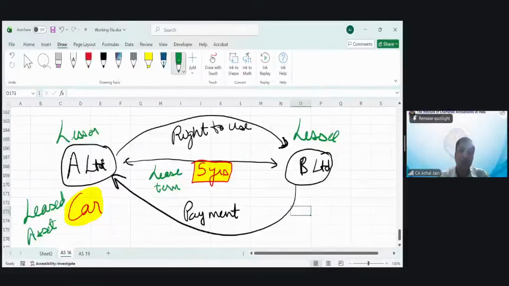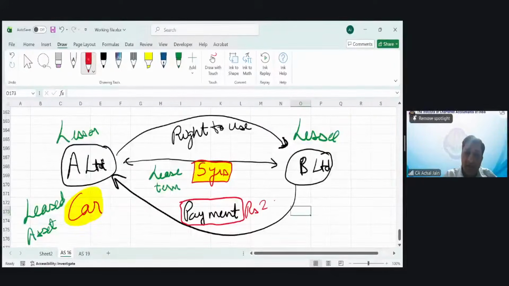Next, when it comes to this payment, which is made by B to A, what will happen? Both the parties will agree what B will pay to A. Let's suppose they have decided that B will pay rupees, say 25,000 per month for using the car.